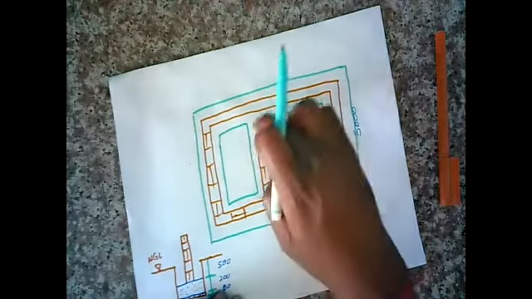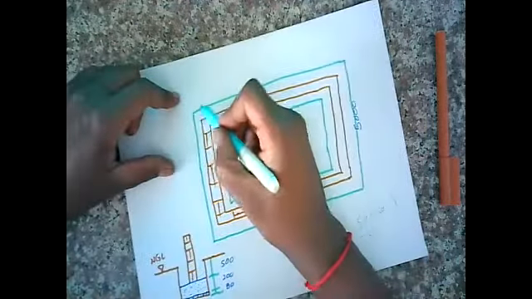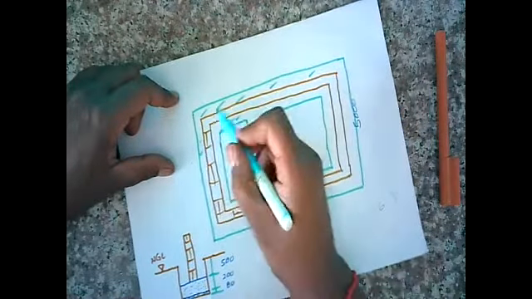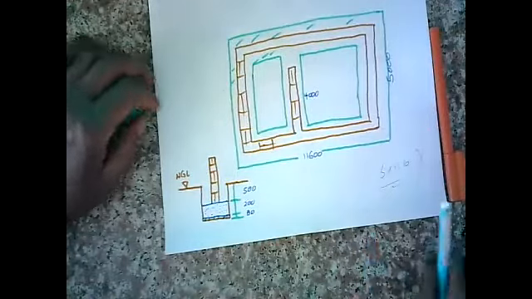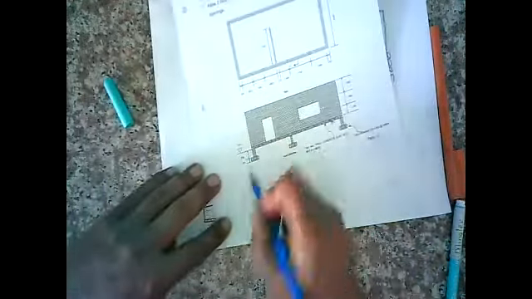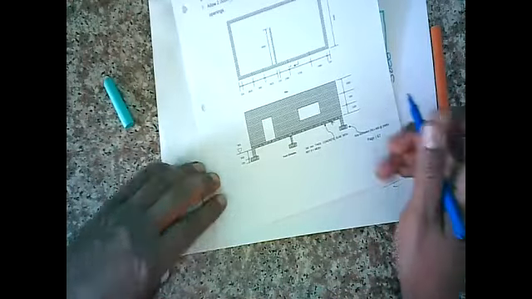All right. This part may be confusing. We'll come to that. All right. So this blue or light blue section is what? It is, as described in your question here, foundation strip 200 by 600, 20 MPa.